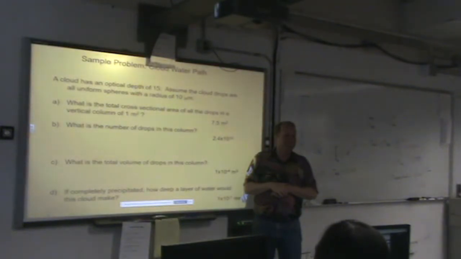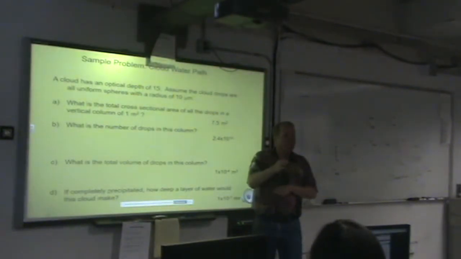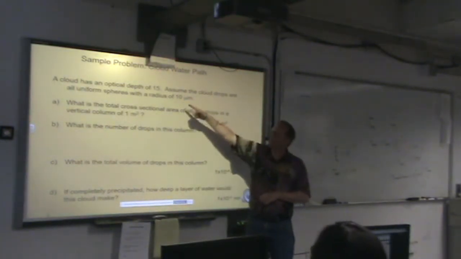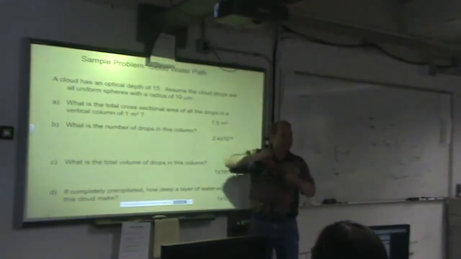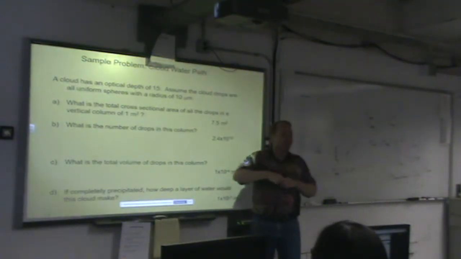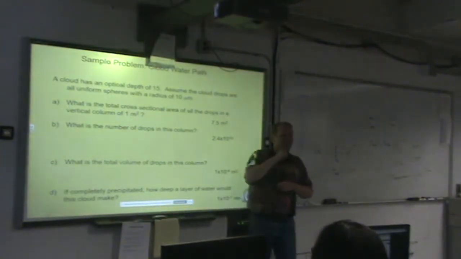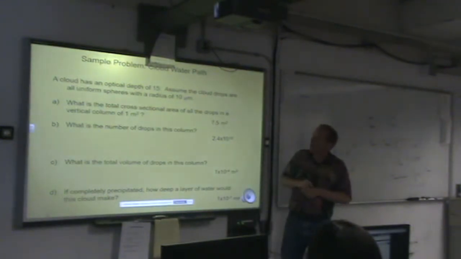Right. Okay? It's twice of it. Yes. Each drop affects twice as much. Okay? So, does this hammer home the idea of what optical depth means? Think of it as cross-sectional area. Except that it's a little screwed up because of the factor of 2. Okay?